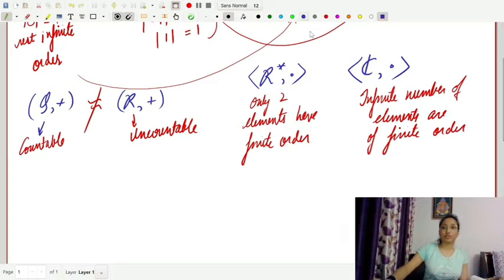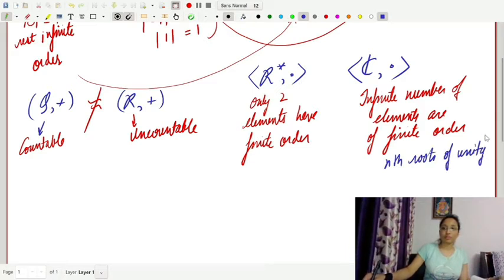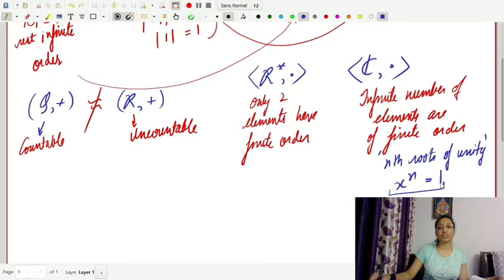Why? Because we have nth roots of unity. That is, x raised to power n is equal to 1 has n solutions in complex for all n belonging to natural numbers. Therefore, we have an infinite number of elements of finite order in complex under multiplication. And hence, they are not isomorphic.